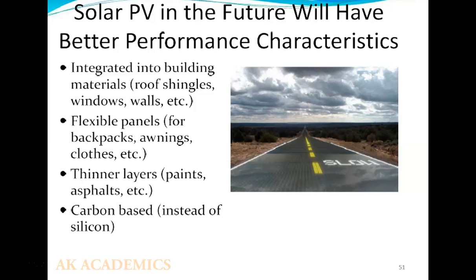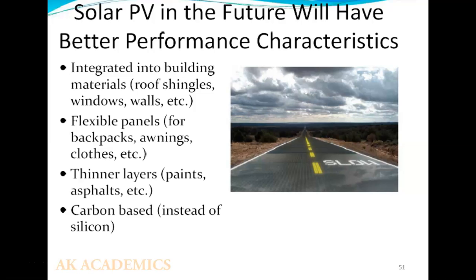That simply means you can install the PV on your bag, and then you can charge your phone with it. The PV would have a battery and would work just like the battery bank works. Then we have thinner layers, and carbon-based PVs would also be available. We already have thin film PVs, by the way.